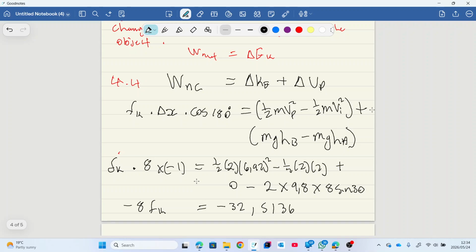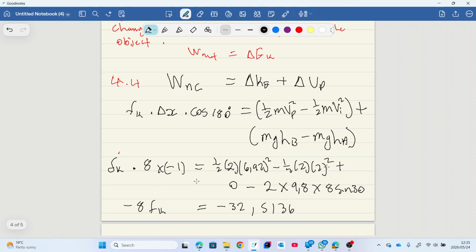Okay. Let me do it again on my side. I'll also try it again. Times 2 into 6.92 squared, minus. No, sorry. There's a squared here.